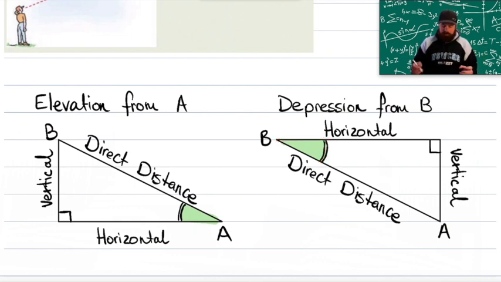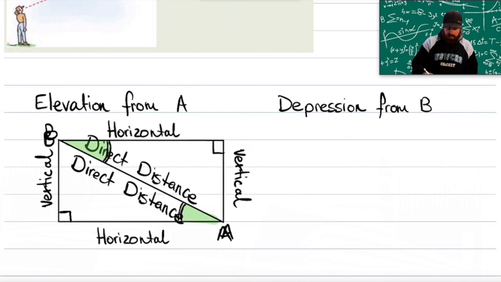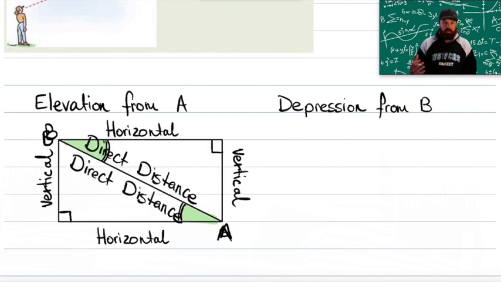All right. Something interesting I want you guys to notice about angles of elevation and angles of depression is that they are very similar triangles. Almost, they're reflections of each other. If I pick up the triangle that's my angle of depression, I can carry it across and form a rectangle with those two triangles.